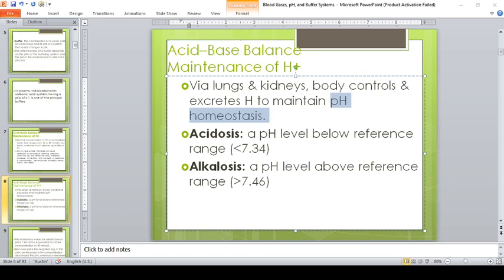Pag sinasabing non-respiratory acidosis or alkalosis, or other term, yung ibang book, old books kasi, they don't use the non-respiratory. Instead, they use the metabolic acidosis or alkalosis. Okay? Yung mga 6th edition pababa ni Bishop, ang term nila is metabolic. Okay? Pero pag sa 7th edition pataas, ang ginagamit nilang term is non-respiratory. That is for metabolic. Okay?